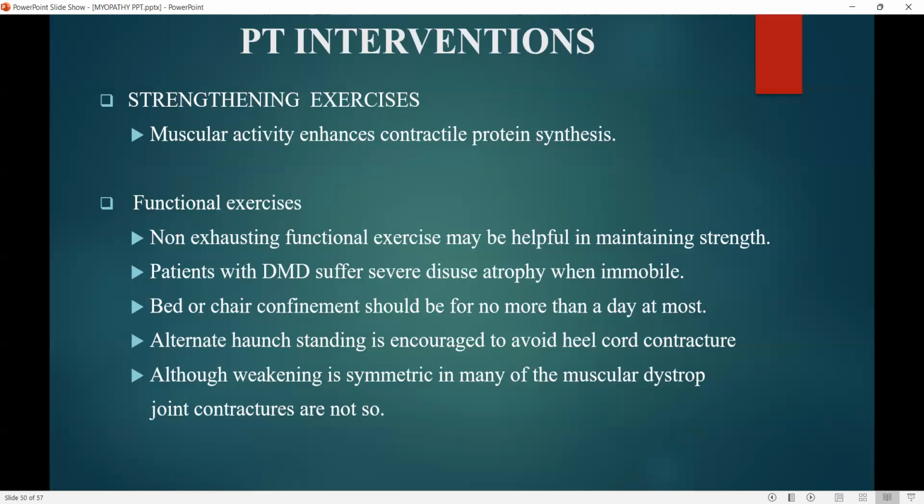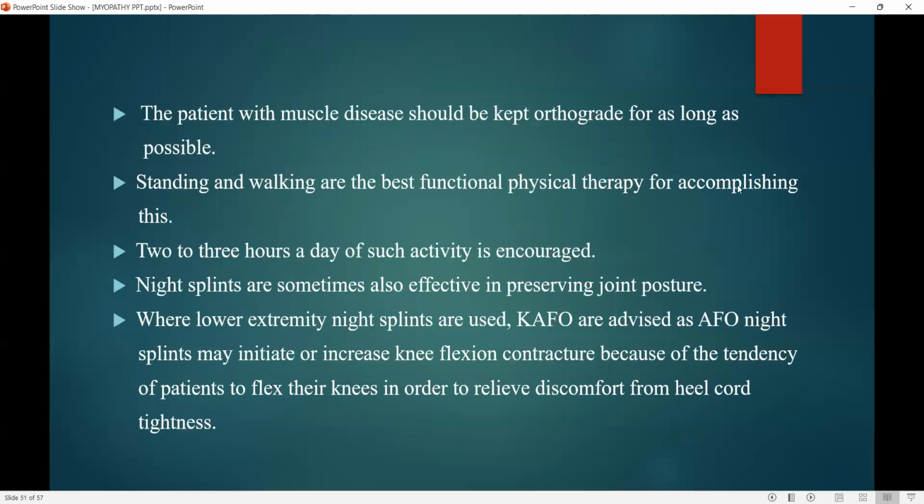Although weakness is asymmetric in many muscular dystrophy joints, the contractures are not so. The patient with a muscle disease should be kept orthograde for as long as possible. Standing and walking are the best functional physical therapy, for example 2 or 3 hours a day.